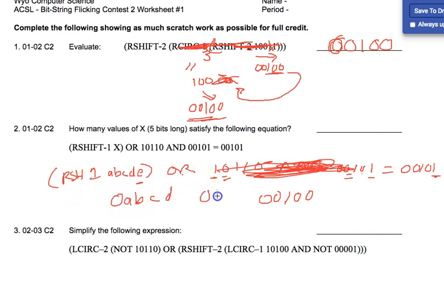Now we still have this OR, so we're basically asking what possible sets of bits could be a solution to A, B, C, D here that would make, well, 0 ORed with a 0 yields a 0. Good, that checks out. What plugged in for A when ORed with that 0 would yield this 0? It'd have to be a 0.